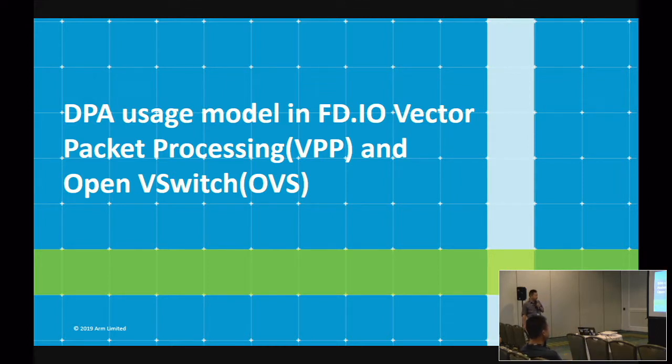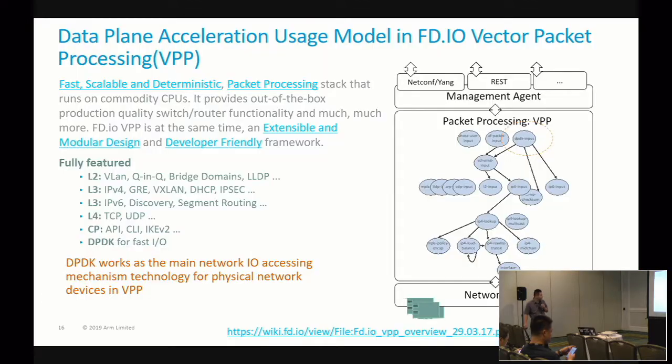Besides the user space network stack F-Stack, the other cloud native networking infrastructure components are the vector packet processing VPP, which is provided by FD.io, and Open vSwitch, which is very widely used today. VPP is for vector packet processing to improve packet processing performance.